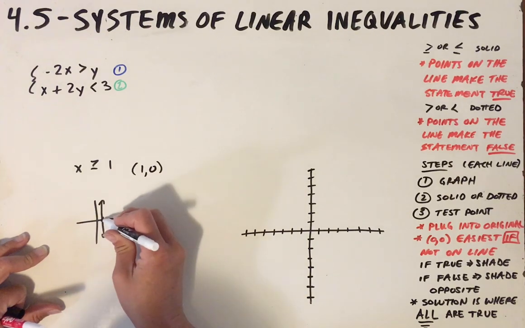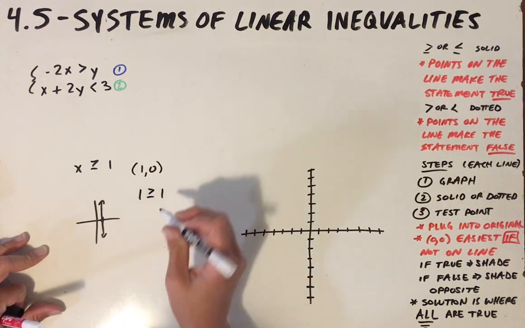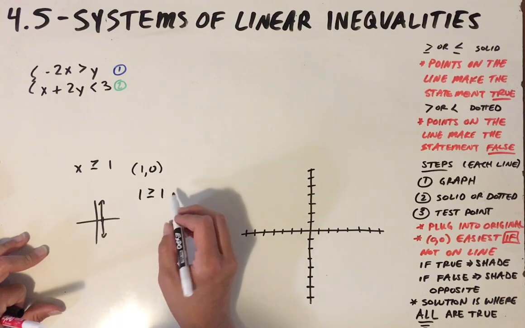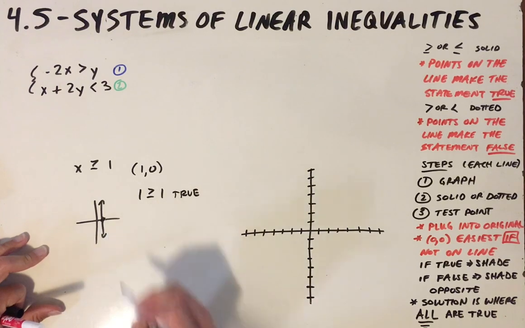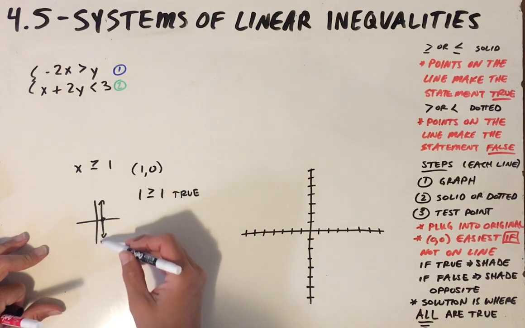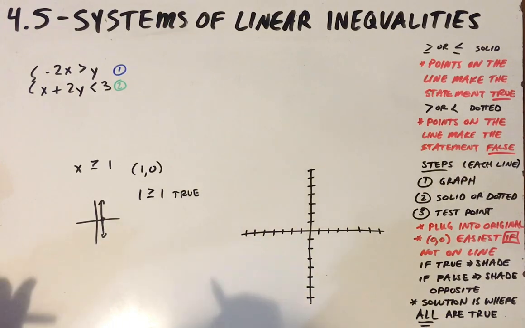So this point right here, the point 1, 0, lies on the line, then I would say 1 is greater than or equal to 1. You can see that this is the equal to part of the statement, and it's true. So if I plug in a point that is on this line, it's true. So the way that I show that graphically is by making it solid. Everything on this line is a solution too.